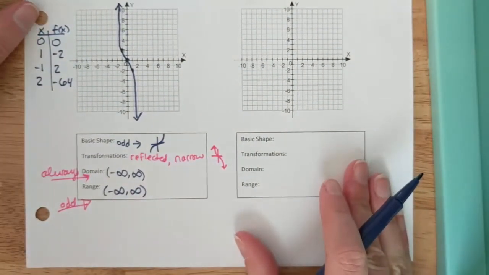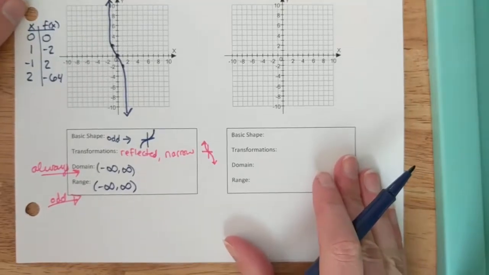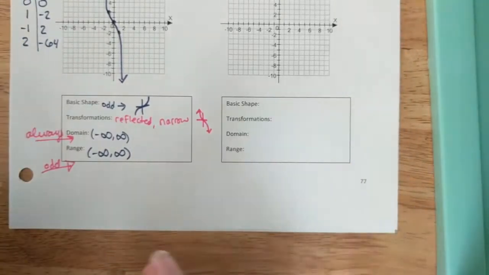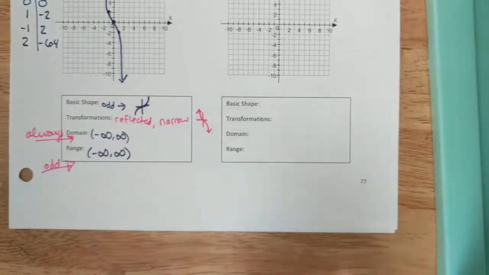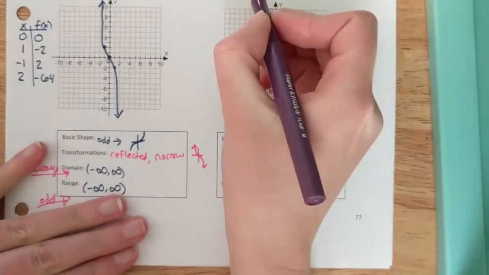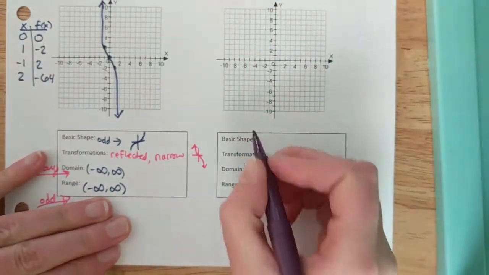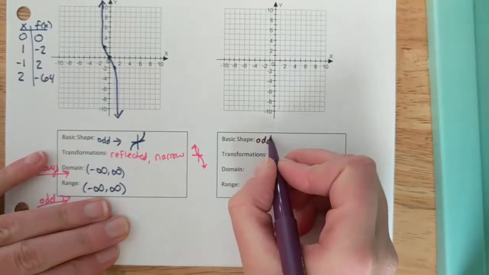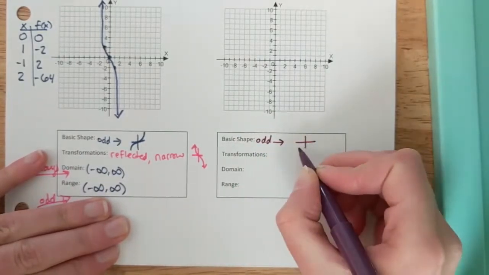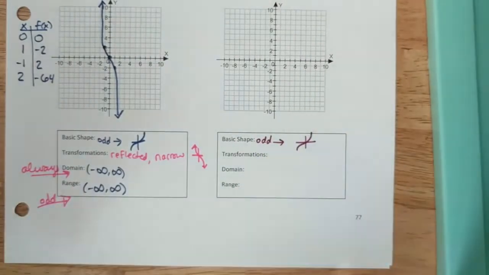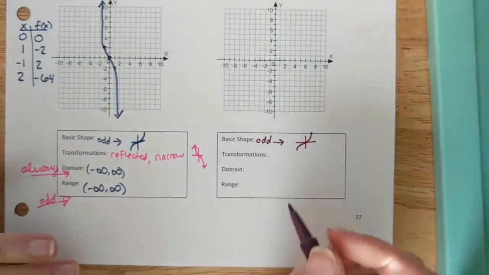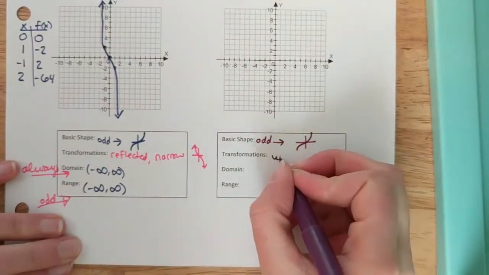All right. Let's do the same thing in the next one. We're going to use transformations, and we're going to graph this. All right, this is also odd. I can see that that power right there is 3, so I have odd, which means that my basic shape is going to look like this, but I have some transformations. There's just one transformation on this one.